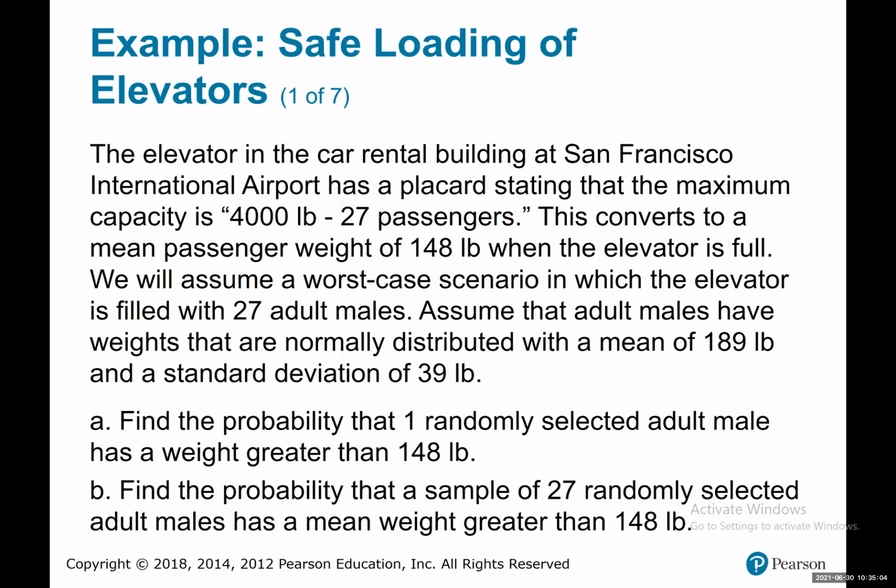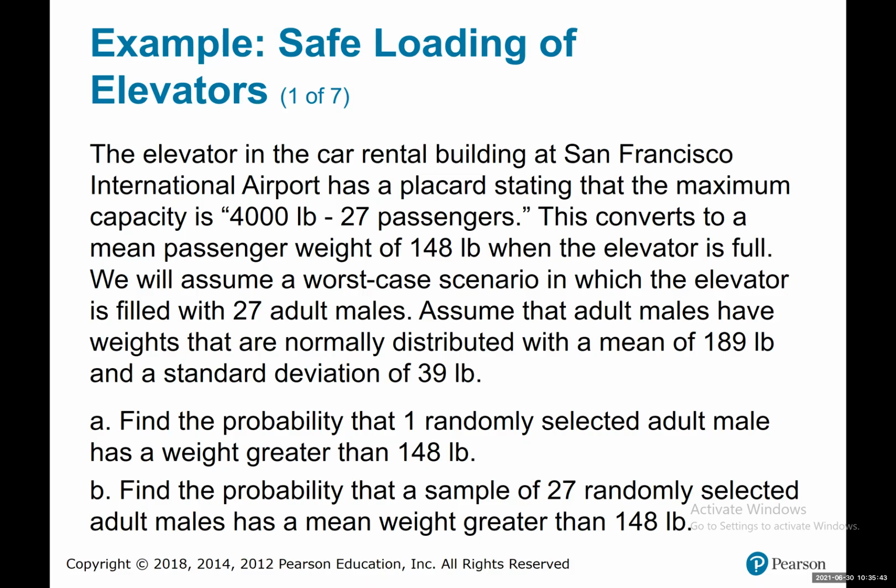Can someone please read this one? Example, safe loading of elevators. The elevator in the car rental building at San Francisco International Airport has a placard stating that the maximum capacity is 4,000 pounds per 27 passengers.